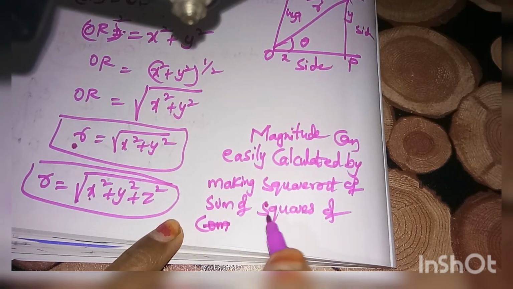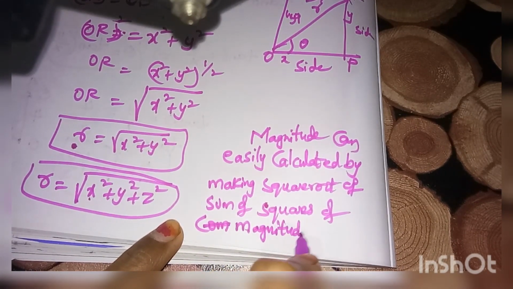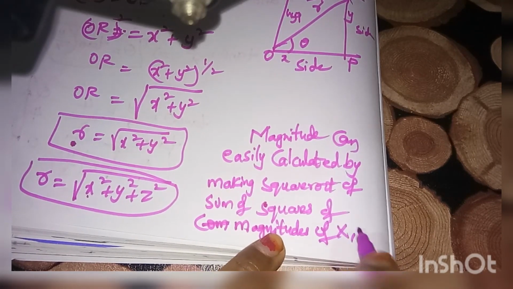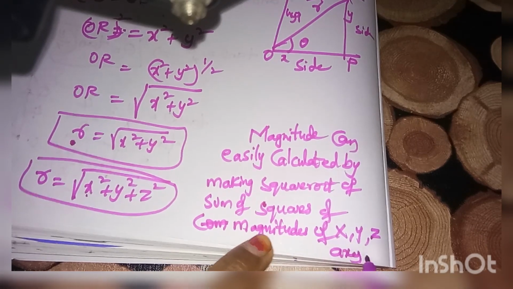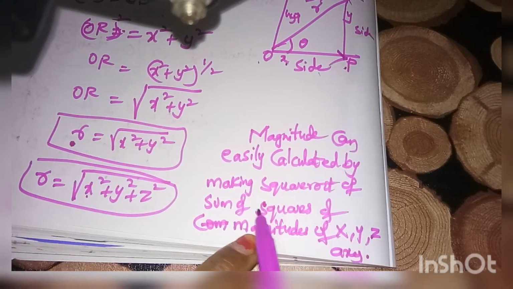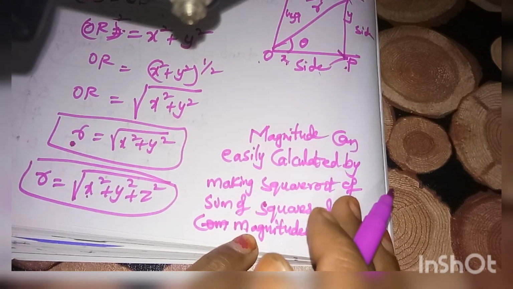Sum of squares of magnitudes of x, y and z axis. Magnitudes means this is the magnitude. OP magnitude is x here. So sum of squares of magnitudes of x, y, z axis. So easily you can calculate this.